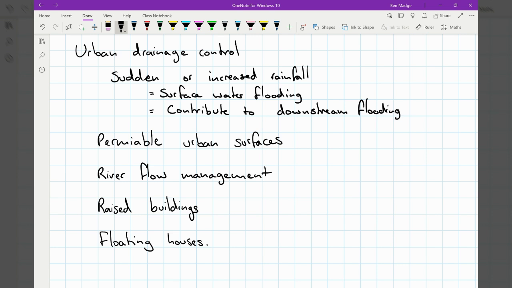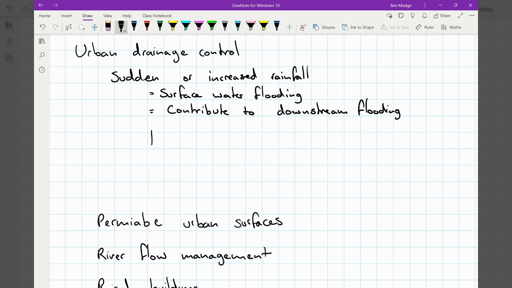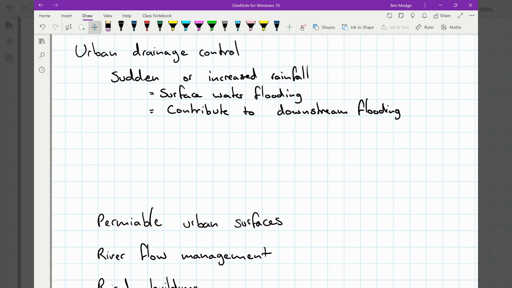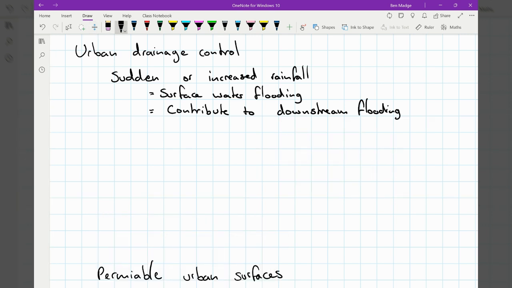Now, the reason for this is because when you have an urban environment, you have lots of surfaces that are impermeable to rain. So you have surfaces like tarmac and concrete and the roofs of houses.